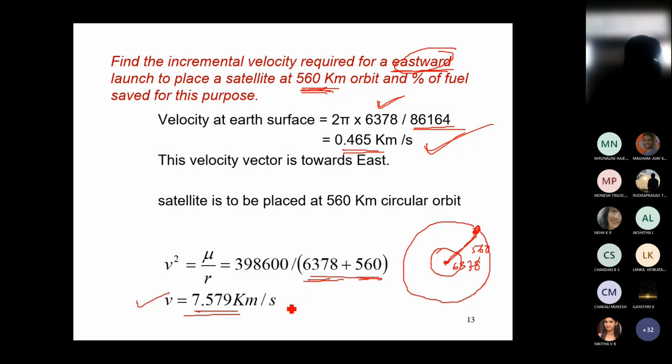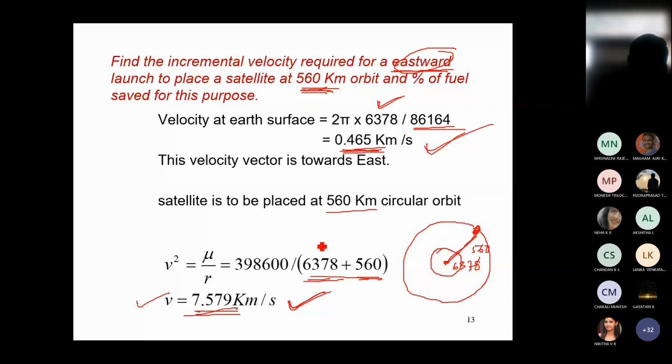If we want to launch the satellite at an orbit of 560 kilometers, we calculated the velocity at which we should launch, that is equal to this. But the satellite by default attains this velocity. This is the required velocity. So what is the incremental velocity, or the additional velocity we require? We subtract the default velocity, which the satellite gains from the velocity of the Earth, from the required velocity, and it gives us the incremental velocity.